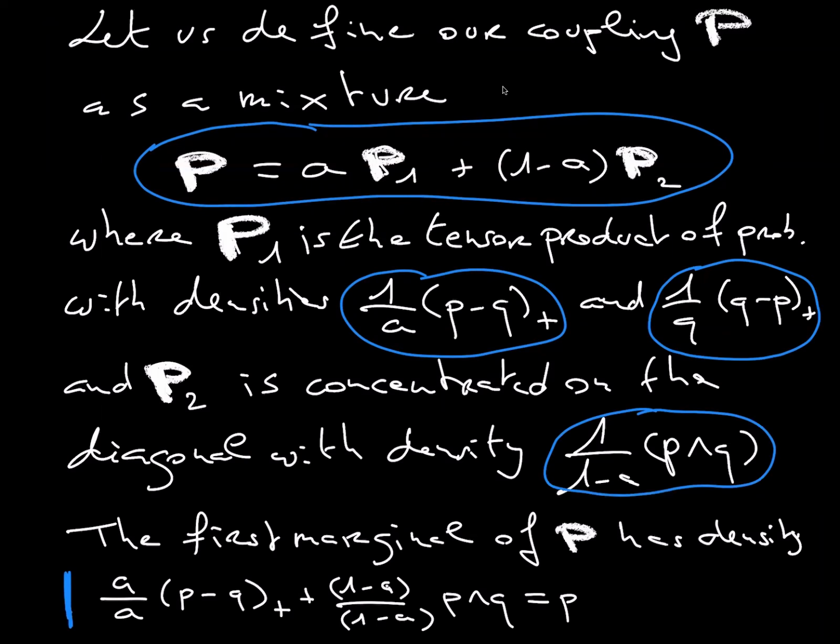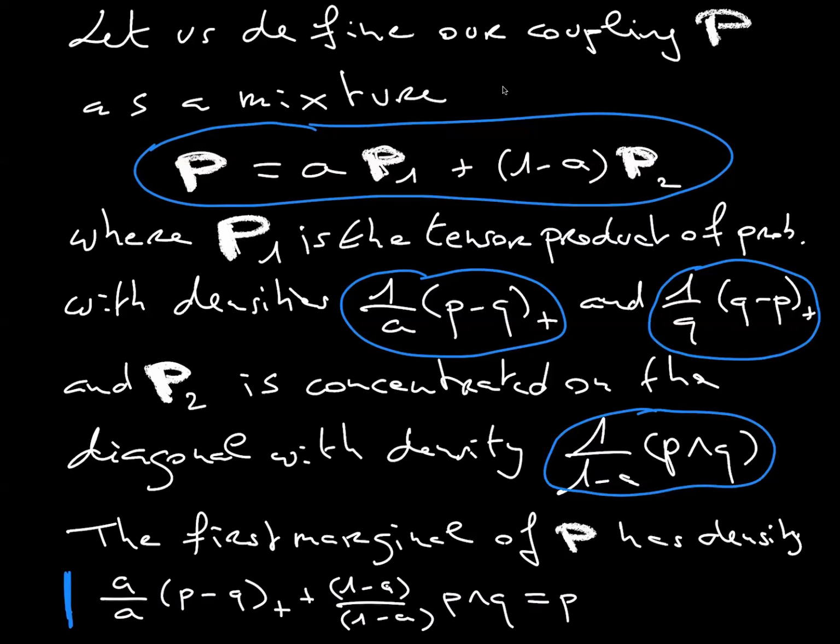When you compute the density of the first marginal, since you have a mixture here, you have A over A positive part of the difference between P and Q, which comes from this.